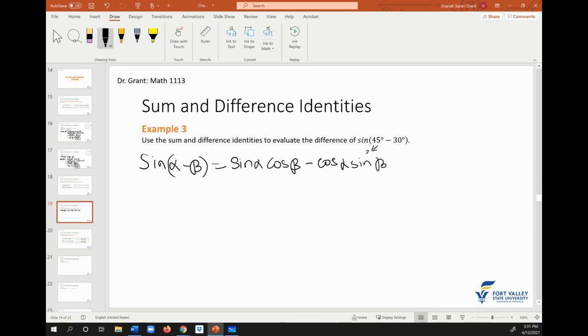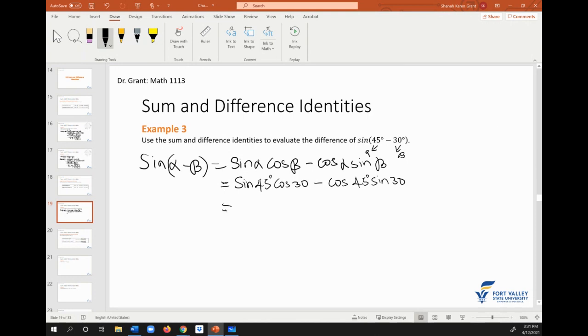Of course, this is my alpha and this is my beta, so I'm just plugging in. This becomes sine of 45 degrees times cosine of 30 minus cosine of 45 degrees times sine of 30.